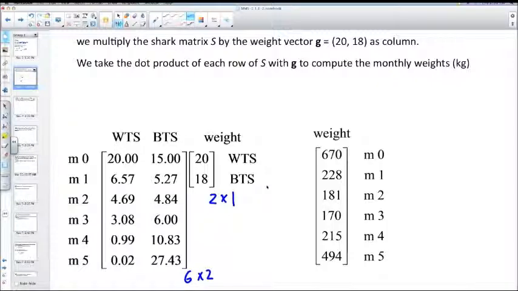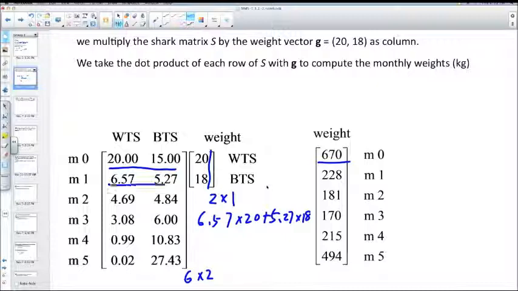So no new idea. The first row times this is the dot product: 20 times 20 plus 15 times 18, you got 670. The second one, we got 657 times 20 plus 527 times 18. It's the second row times the first column. You only have one column anyway. You got 228. And so on and so forth.